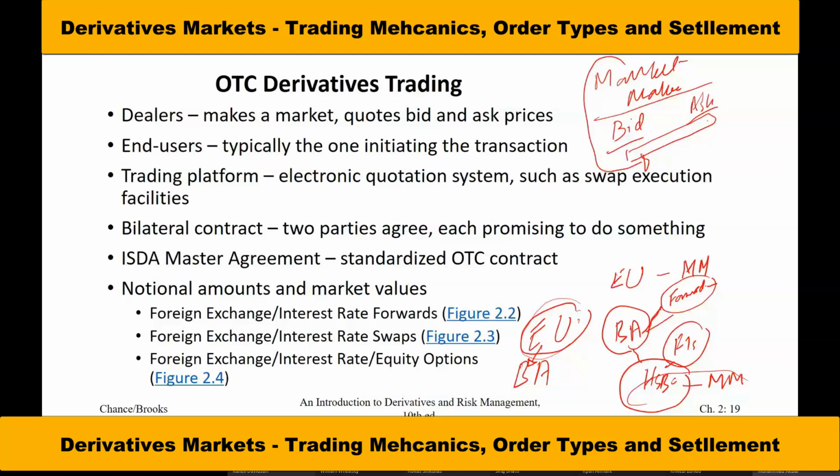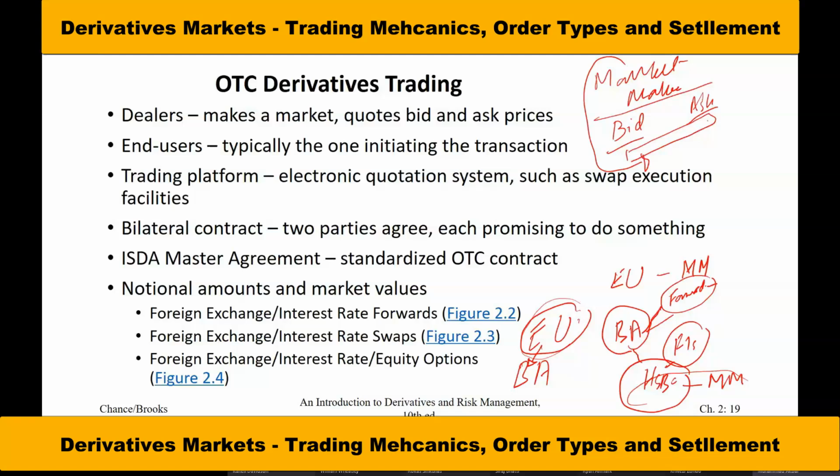OTC contracts, as we have discussed, are customized between two parties, so they are bilateral contracts, and that's why there is a huge credit risk, counterparty risk, involved in OTC markets. ISDA is, you can say, the regulator that regulates the swaps and derivatives market.